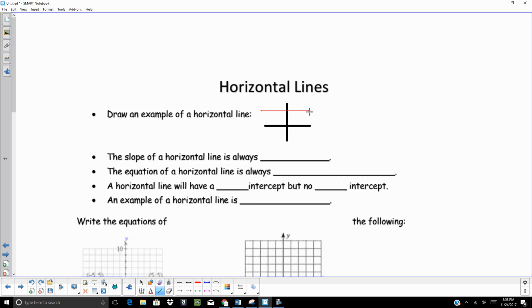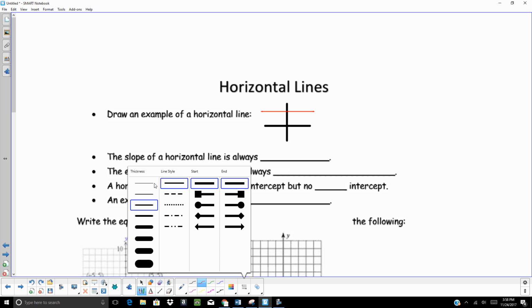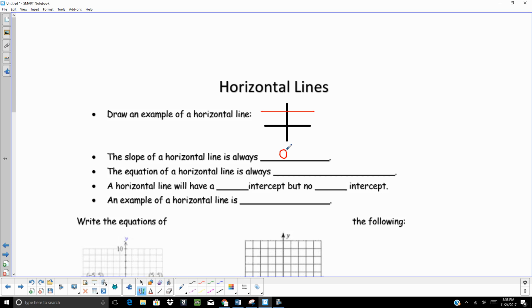Horizontal lines go across. Think of like the horizon. The slope of a horizontal line is always going to be 0. The equation of a horizontal line is always going to be y equals some number.